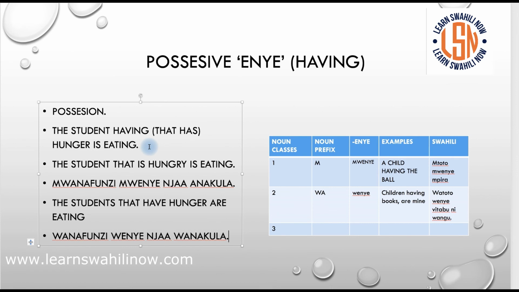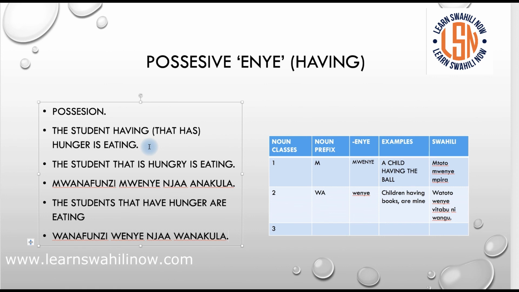So like I said, I'll be doing a webinar on the complete noun classes with the enye concept. I hope that you're able to attend that, but I do hope that you found this useful, or at least it has explained some mysteries why sometimes you find mwenye and then wenye and then chenye and then lenye. This is what is happening.